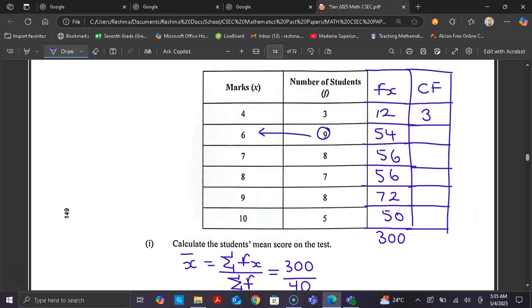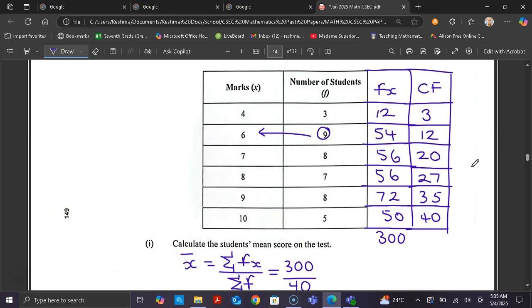Up to 6, meaning including marks 4 and 6, we have 3 plus 9, which will be 12 students. So we keep going, adding the frequency as we go along to get the cumulative frequency. So next value will be 12 plus 8, which is 20. Then we have 20 plus 7, 27. 27 and 8, 35, and 35 and 5, 40, of course, because we have 40 students in the class.